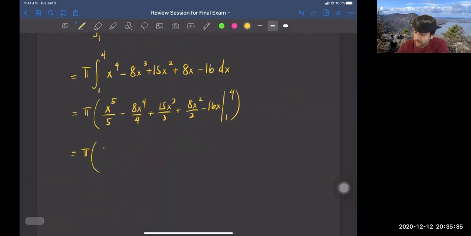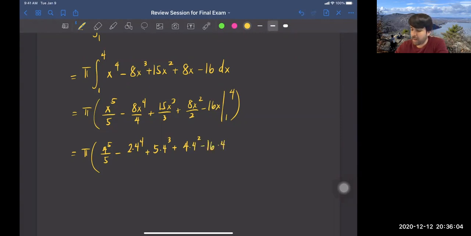Then this becomes what? 4 to the fifth power over 5 minus 8 times 4 to the fourth divided by 4 plus 15 times 4 cubed over 3, this is just a 5. Yeah, this should just be a 2. 5 times 4 cubed plus 4 to the second power minus 16 times 4.